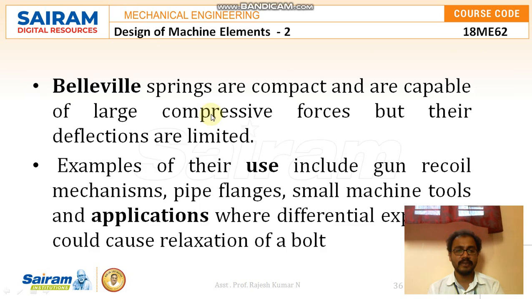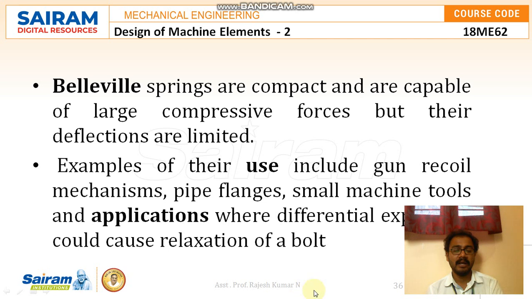Next is where these Belleville springs are used and what their nature is. Generally, Belleville springs are very compact and capable of large compressive forces, but their deflections are very limited. Examples include the gun recoil mechanism.